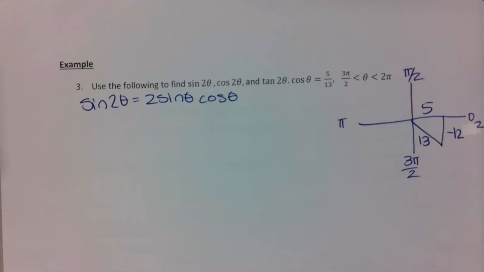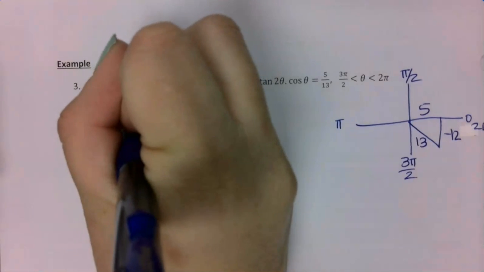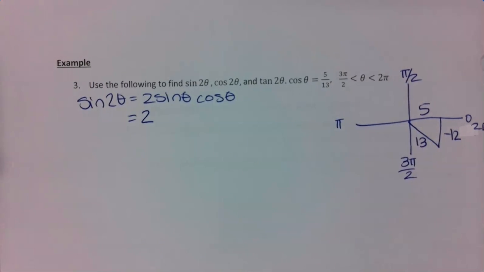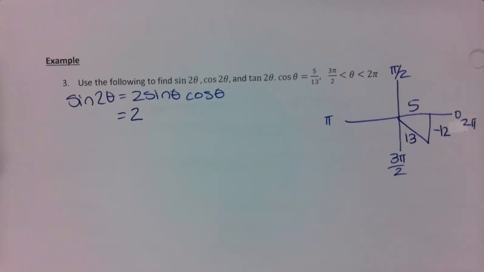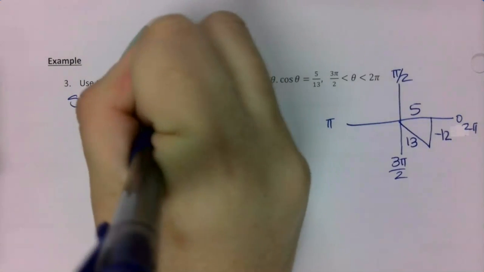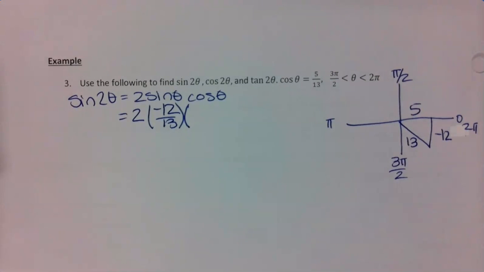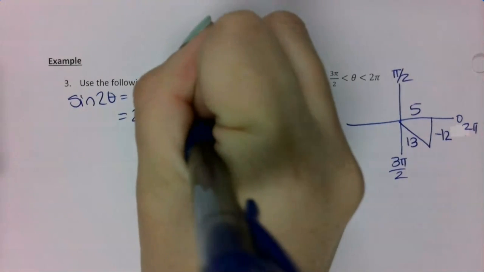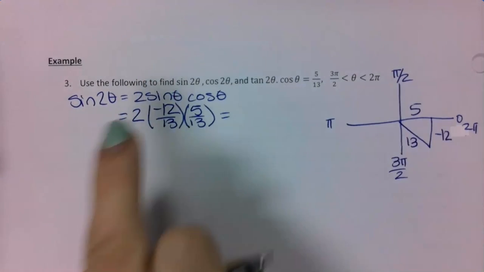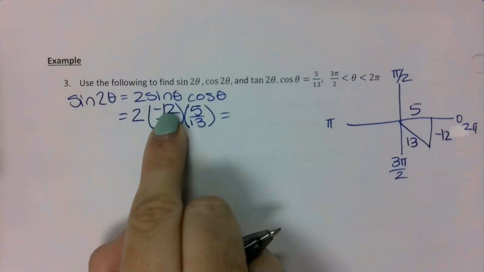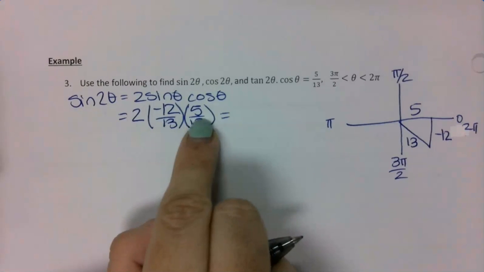Okay, so now I'm going to plug in. What is the value of sine on this triangle? And the value of cosine? Okay, then I want to go ahead and multiply. 2 times negative 12 is negative 24 times 5.